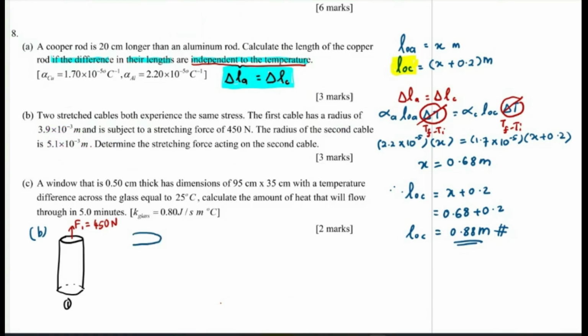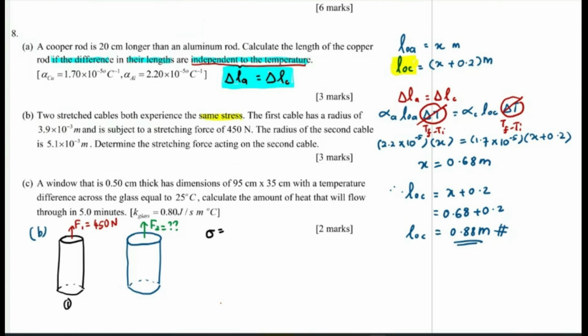And then F2, we never know what is F2. So soalan minta kita carilah: determine the stretching force acting on the second cable. And then the condition given by the question is the both cables experience the same stress. What is the formula of stress? Stress is equal to?